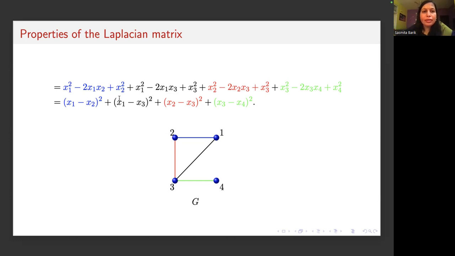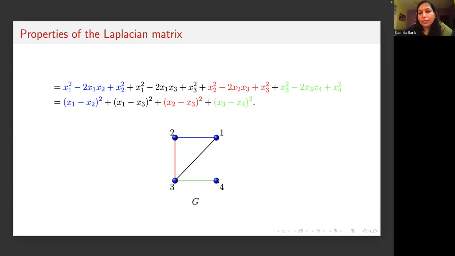So you will get this way, like 1 x1 square will come, x2 square will come, and then minus 2 x1, x2. Similarly, because you have one edge between 1 and 3, I'll get this thing. And that's coming from your multiplication directly, you can see. And 2 and 3, they are adjacent, you will get this kind of thing.